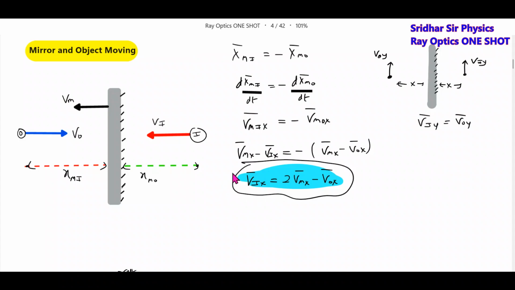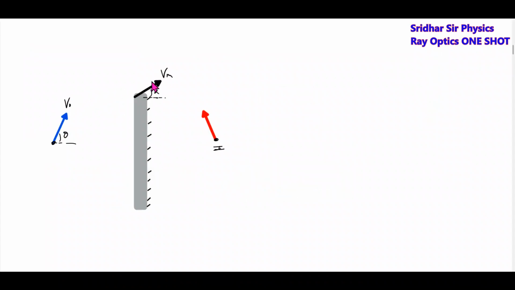And there's a general formula. If the object and mirror are moving in a plane, then what method should we use to find the velocity of the image? So here v_ix equals 2 v_mx minus v_ox. v_mx will be v_m cos alpha i cap. We'll define unit vectors.